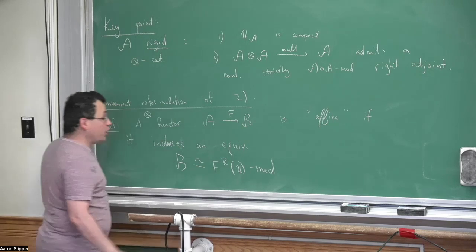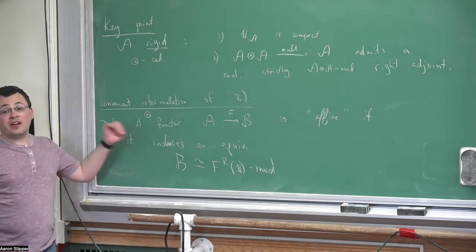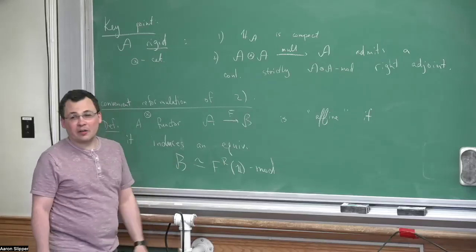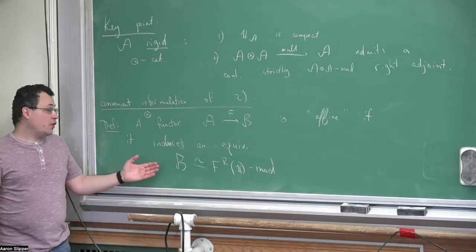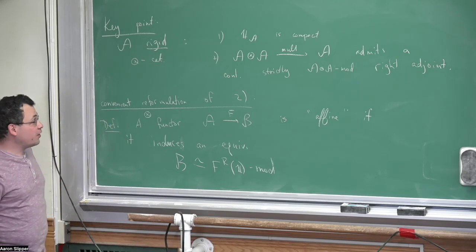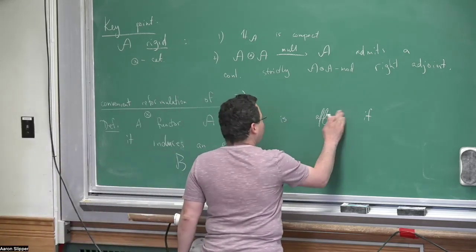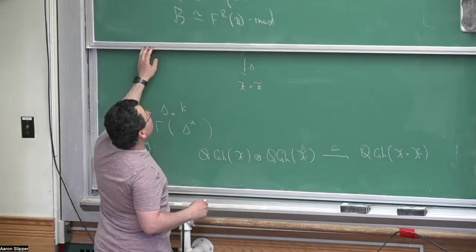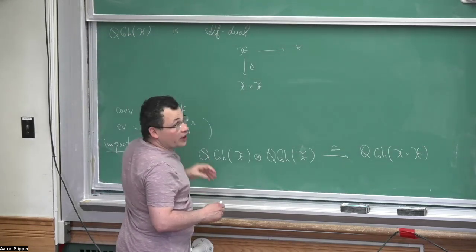It's always an algebra object in A, modules for that. Always a comparison. If it induces an equivalence, let's say that the functor is affine, and then 2 is the assertion that this multiplication functor is affine.